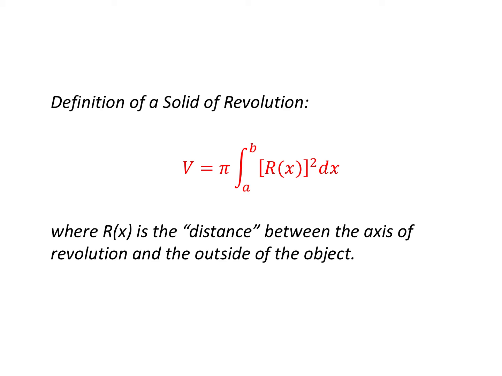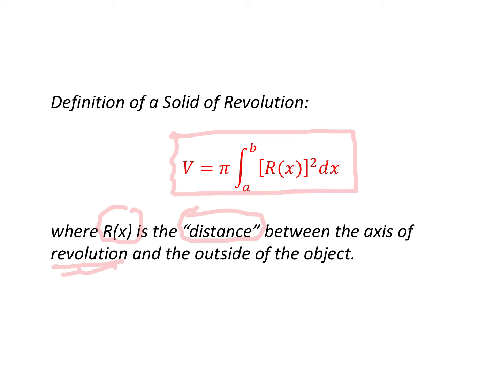So now this gives us a definition for a solid of revolution. The volume is simply equal to pi times the integral from a to b of r sub x squared dx, where r sub x is the distance between the axis of revolution and the outside of the object.